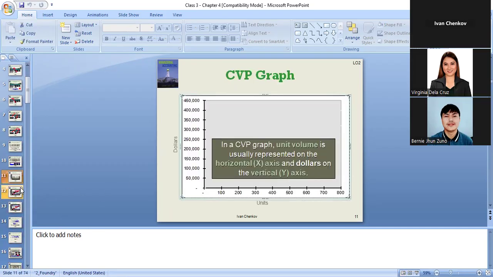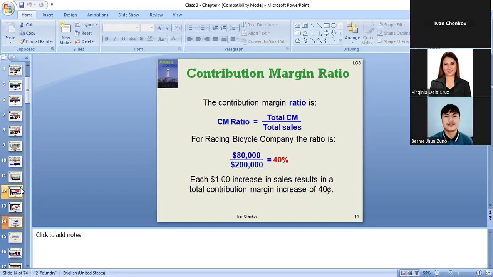Now let's keep going with this graph and see how we get the contribution margin ratio. We already said the total contribution margin divided by sales gives us the contribution margin ratio. How can we interpret that ratio? For every dollar of sales, we're going to get only 40%, meaning the company gets 40 cents.